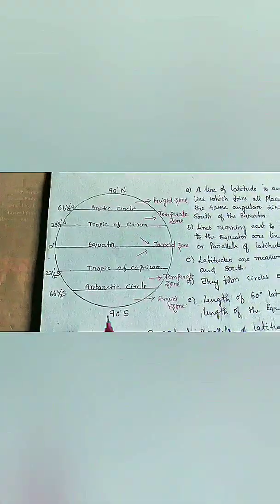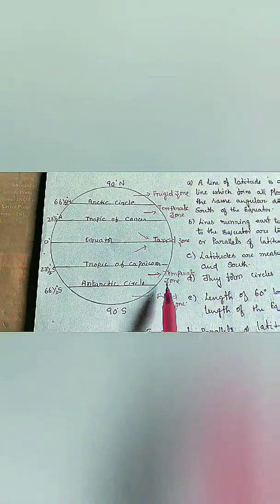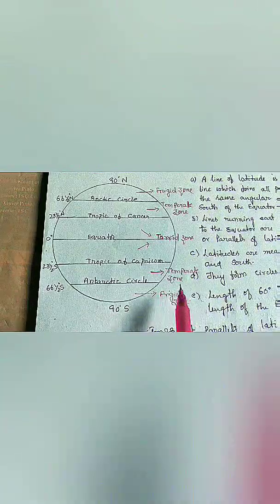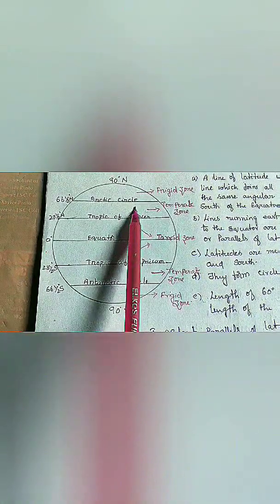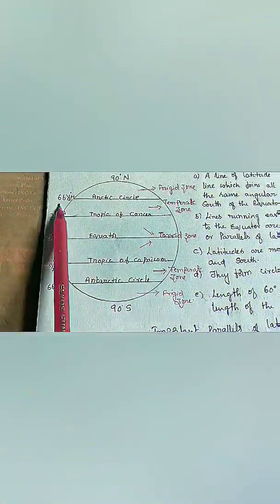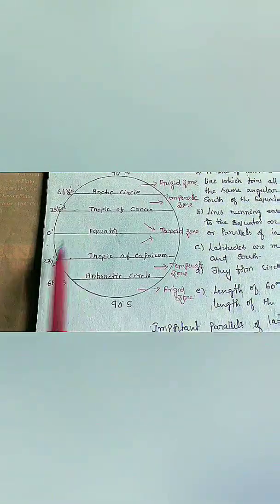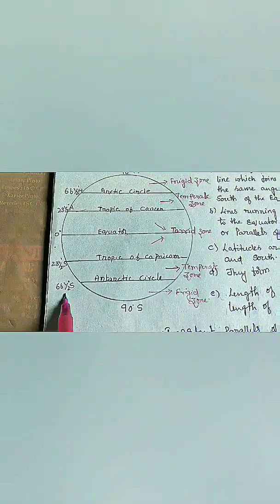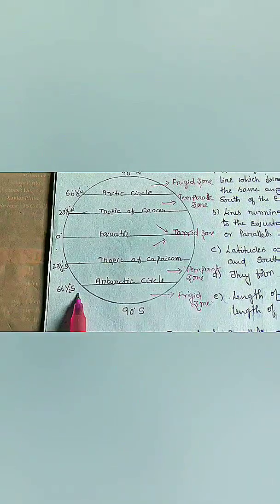Next, the temperate zones. Two other important lines of latitude based on temperature are Arctic Circle, that is 66.5 degrees north, and Antarctic Circle, 66.5 degrees south.